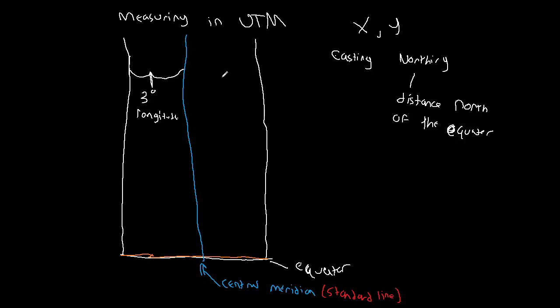Easting, on the other hand, if you think about it logically, what we've done is we've actually created an origin where the equator and the standard line meet. And so you might think this would be a logical 0, 0, right? You'd actually be wrong. This is not what we call 0, 0. This is where things get a little bit confusing.